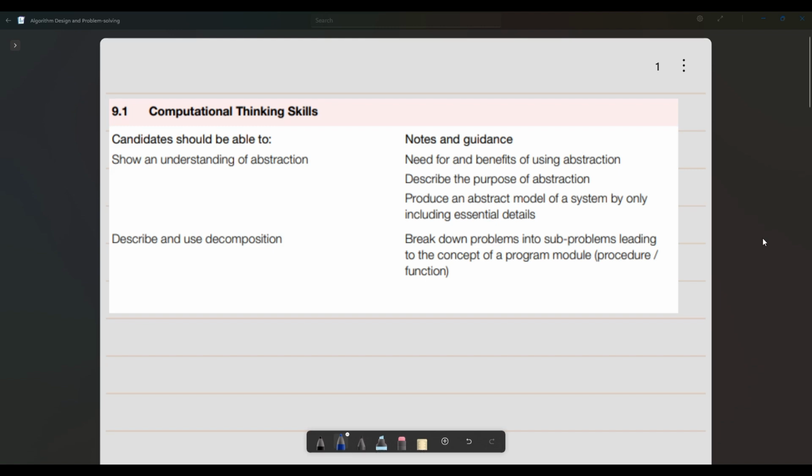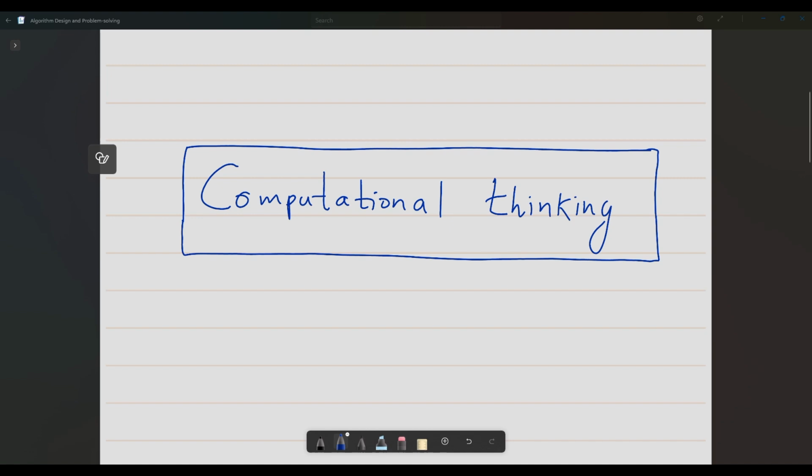So we need to first understand what computational thinking is.